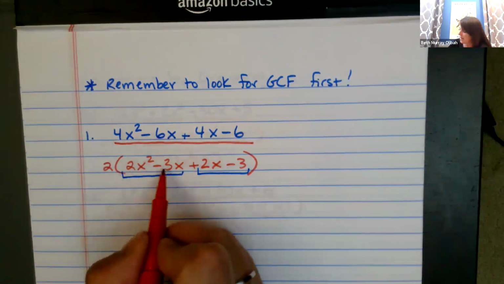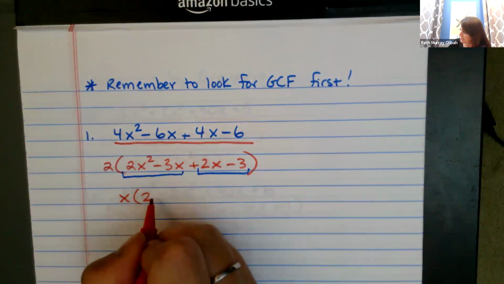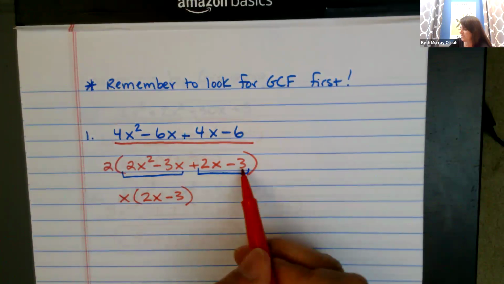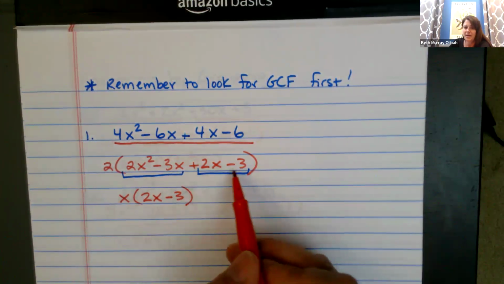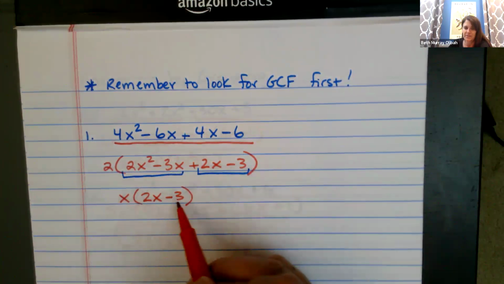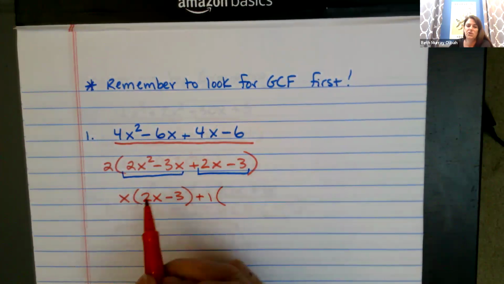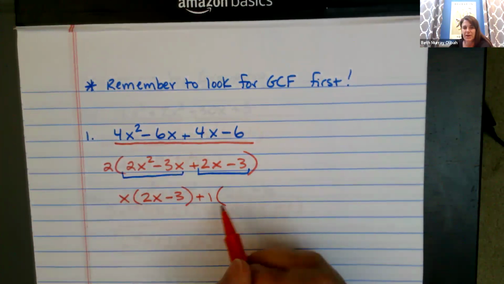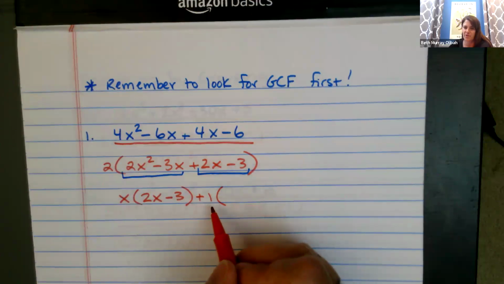So what could I take out of these two terms? Only an x. What could I take out of these two terms? Nothing. So let me check the signs. I like the way the signs are because they match what I have. So all I need to write in front to make sure I'm not confused in the next step is a +1. So again, if nothing can come out, just write a +1 out front.